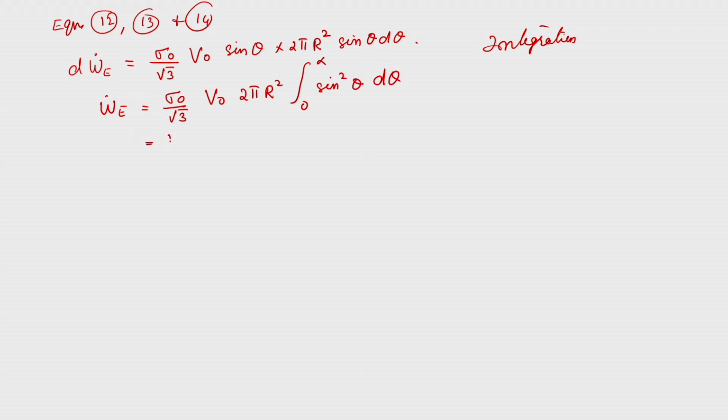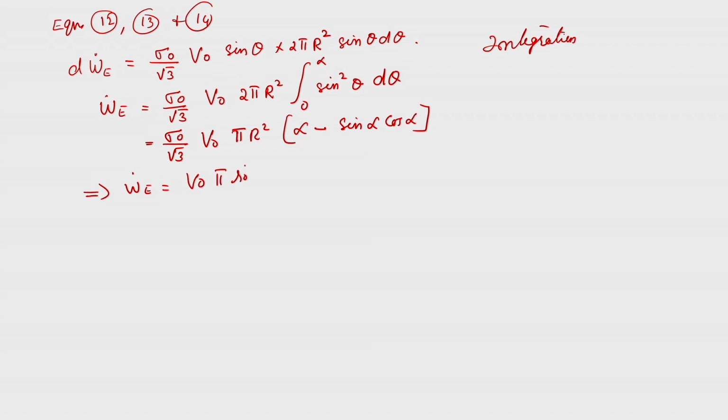So, that we will get as sigma 0 by root 3 into V 0 into pi R square, and simplifying it, you can get alpha minus sin alpha cos alpha, or W dot E is equal to V 0 pi R 0 square sigma 0 by root 3 into alpha by sin squared alpha minus cot alpha. So, that is 15.